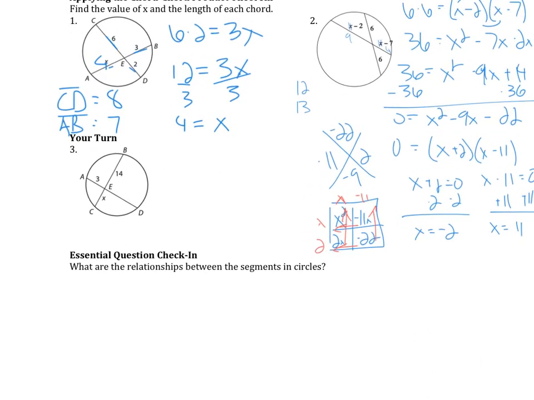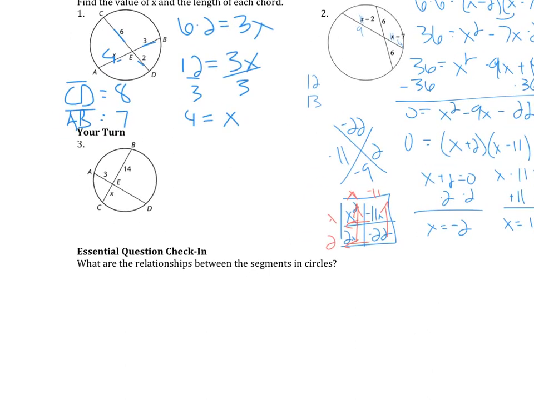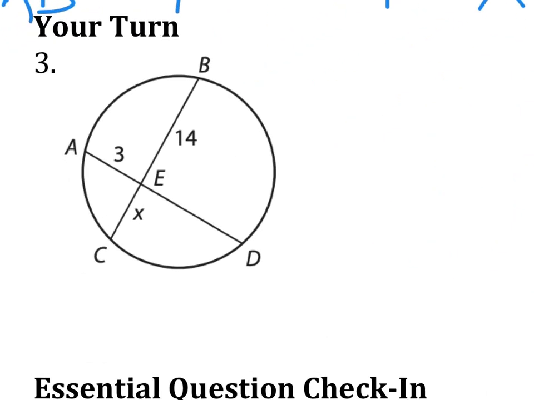All right, so you have your turn there. Go ahead and do number 3. Pause it while you work it out. So a little typo here. Now let's go with 28 there. Okay, remember pictures aren't drawn to scale, so it doesn't matter how they're drawn. Just work the math as is.